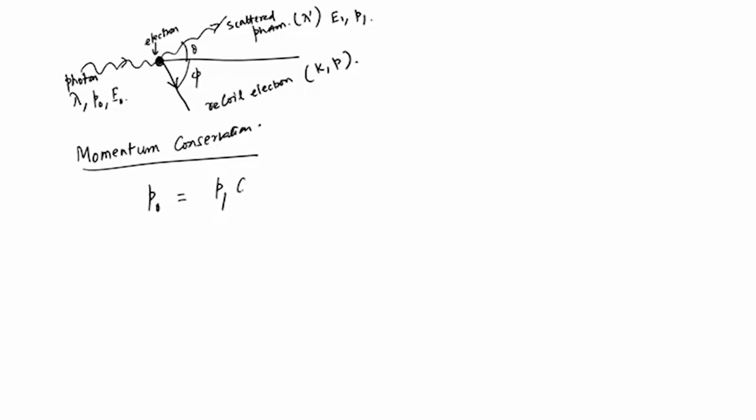So this is P1 cosine theta, theta is this angle, so it's in the direction of propagation, and P cos phi. P is the recoil electron momentum, and K is the kinetic energy. All right, so let's call this 1A. And perpendicular to the direction of propagation, P1 sin theta is equal to P sin phi.